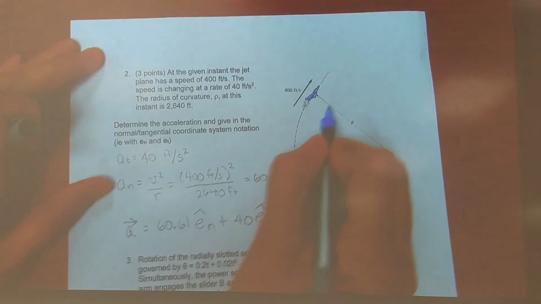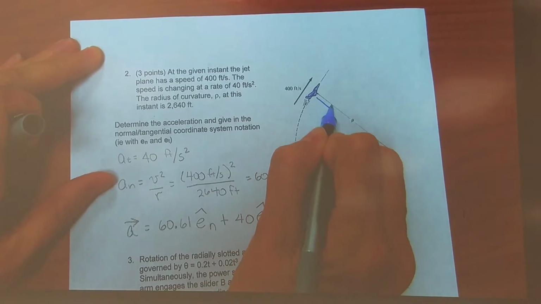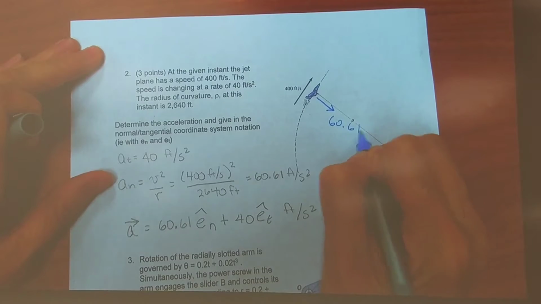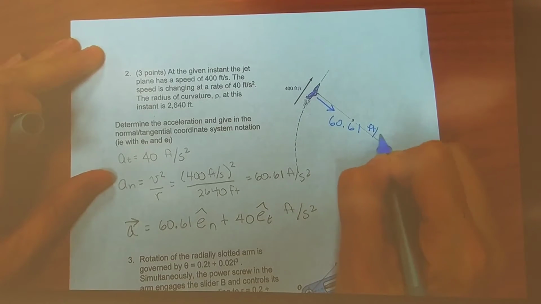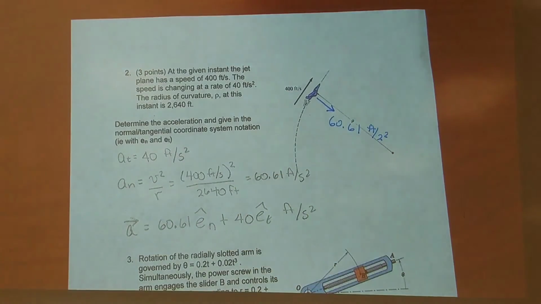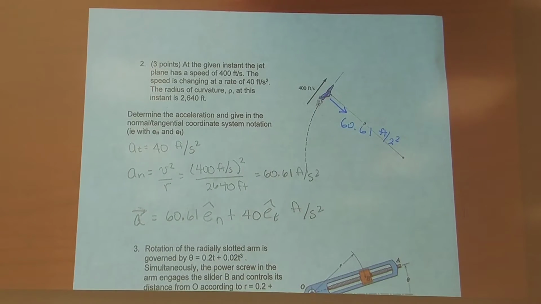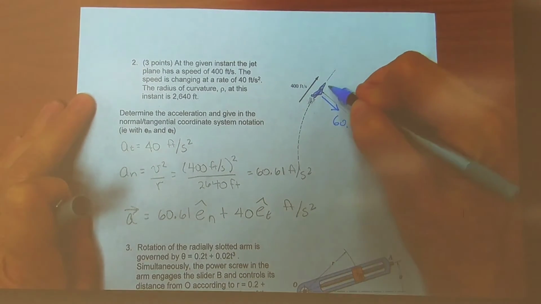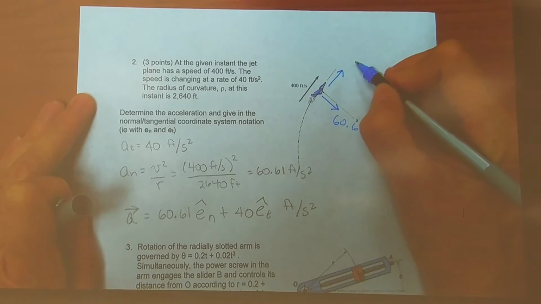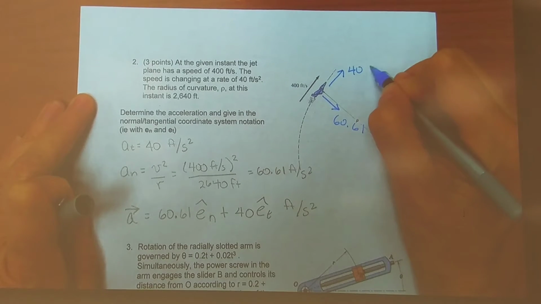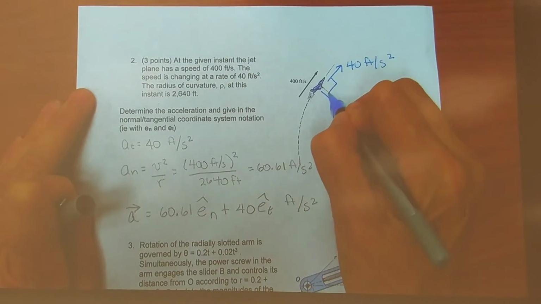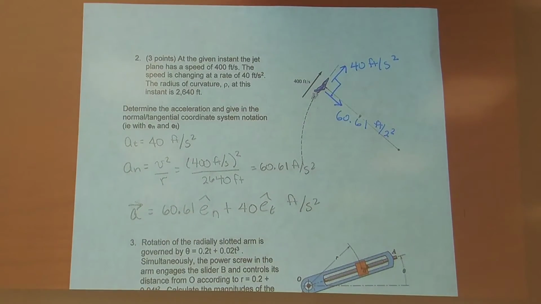So if I were to look at this plane, the 60.61 feet per second squared is, and that's a 2g term there, so that would be in towards the center, and then this would be 40 feet per second squared. And that is at 90 degrees from each other.